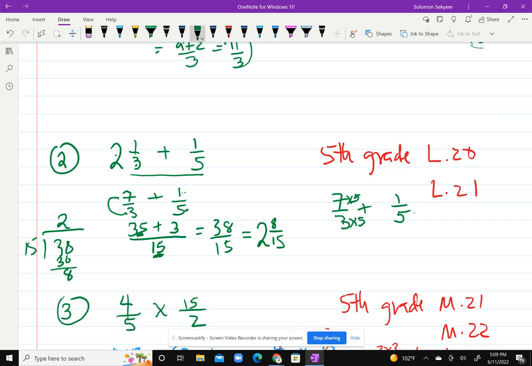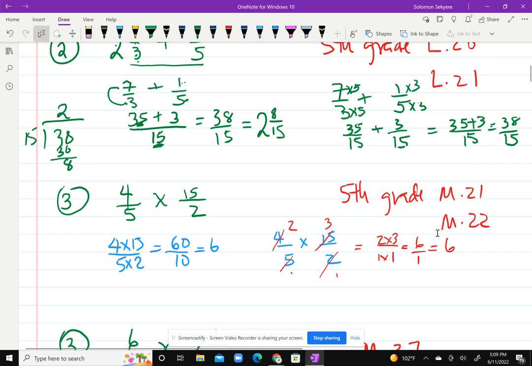This one is 5 times 3, so I have to do times 3. So I end up with 35 over 15 plus 3 over 15. Now that I have both of them with the same denominator, I can just add the numerators, which is 38 over 15. Or I could have just added 1/3 and 1/5 and then added to 2. Same thing. Okay, let's move on.